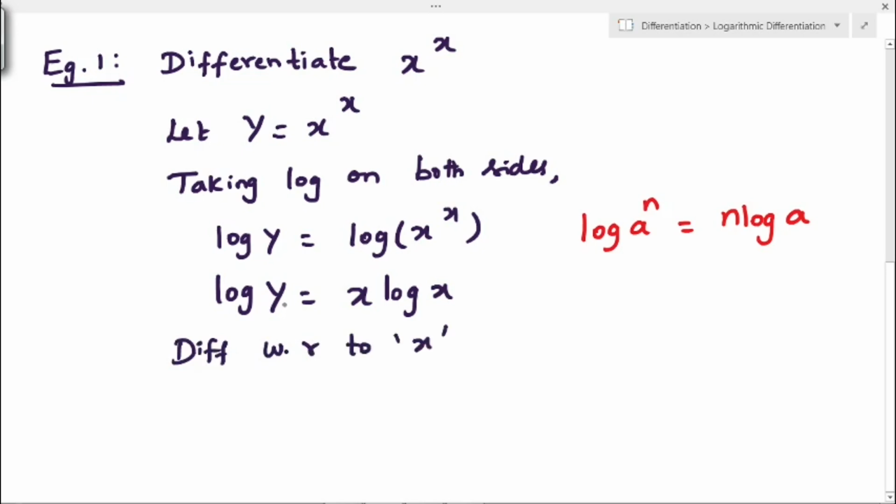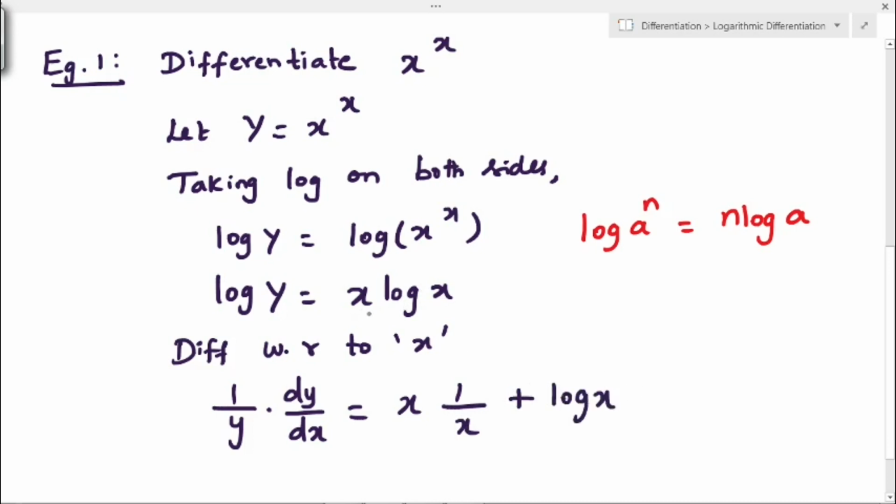First, log y differentiation is 1 by y into y differentiation, dy by dx, equal to, here we have x into log x. So this is a product of two terms, x and log x. First we keep the first term, that is x, as it is, and differentiate log x. Log x differentiation is 1 by x, plus we keep log x as it is.